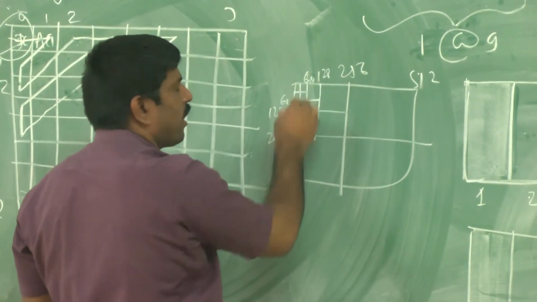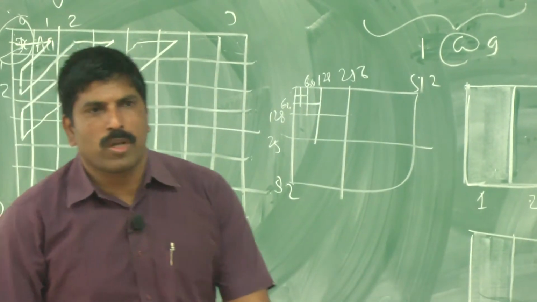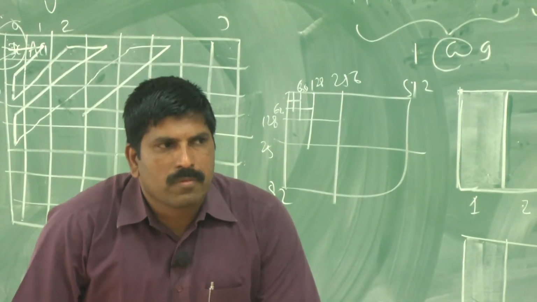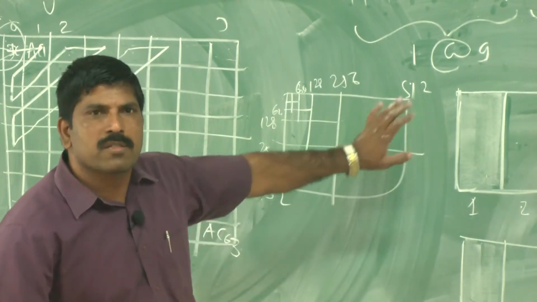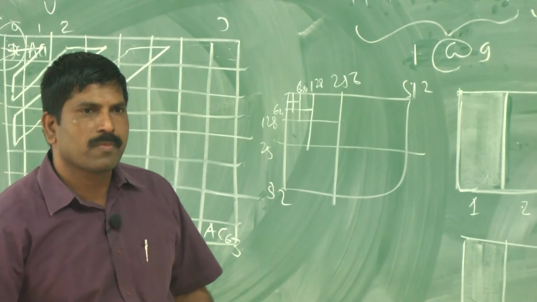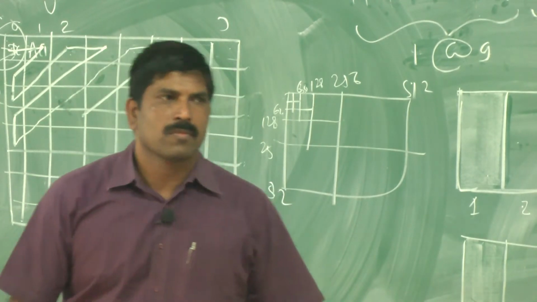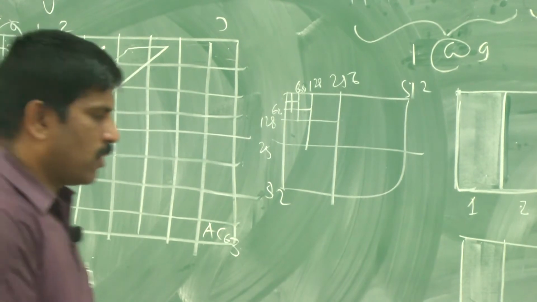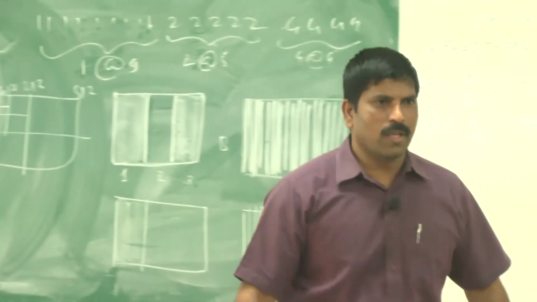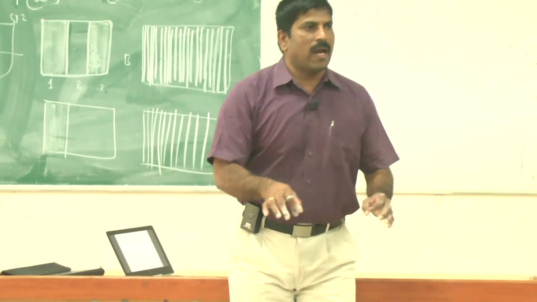So how many 8 by 8 blocks will be there in a 512 by 512 image? 4096. Do the calculations and you'll observe that.